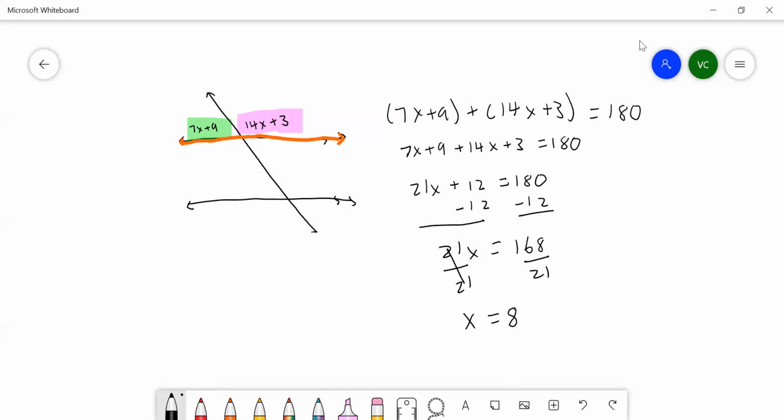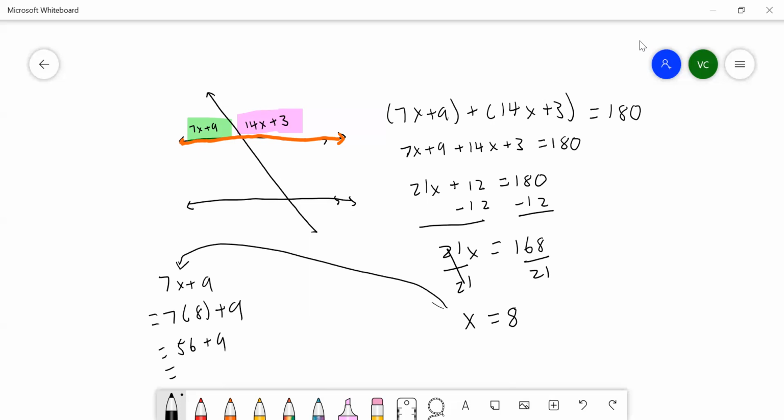Okay, so now that you have x, I want you to plug x into the two angles and find the green angle and the magenta angle. So go ahead and first plug it into the 7x plus 9. Okay, so if you did it, you should have said 7 times 8 plus 9 is going to equal 56 plus 9. And then that's going to equal 65.